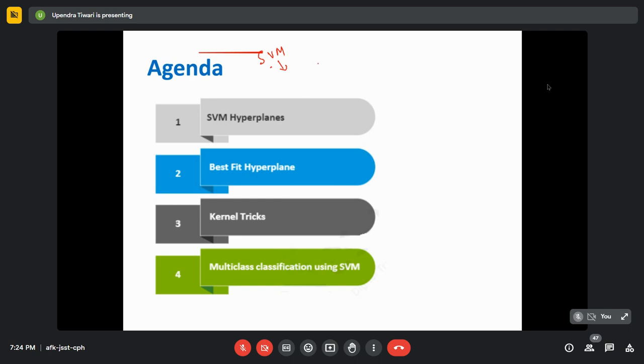Second, SVM is effectively used for 2-class classification, but it does not mean it cannot work on multi-class classification. What it does is convert the multi-class problem into 2-class and then do classification. I'll show you how.